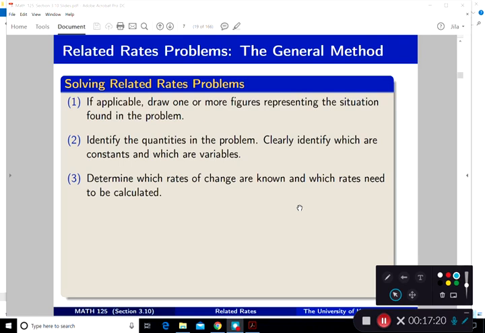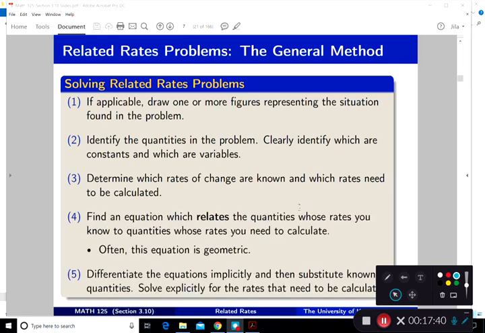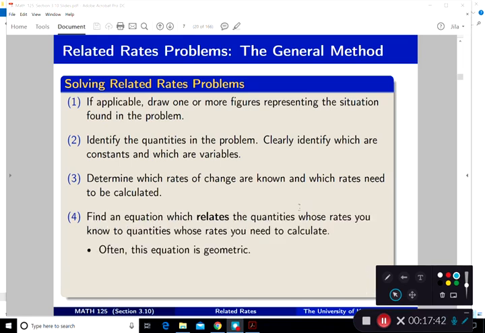Then we want to figure out which rate of change is known and which rate of change is asked. Like in the problem that we just did, all the rates of change for length and width were given, but we were asking for the rate of change in perimeter and area. And then we want to find an equation which relates these quantities together.